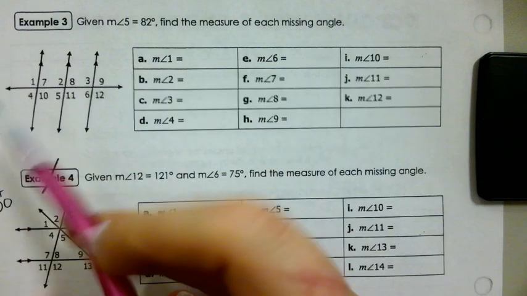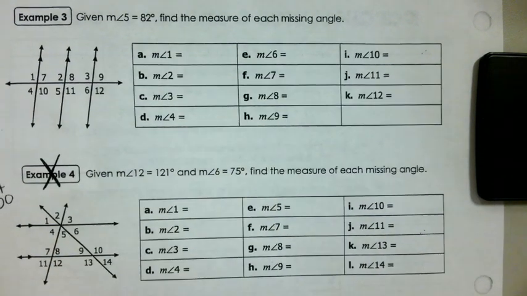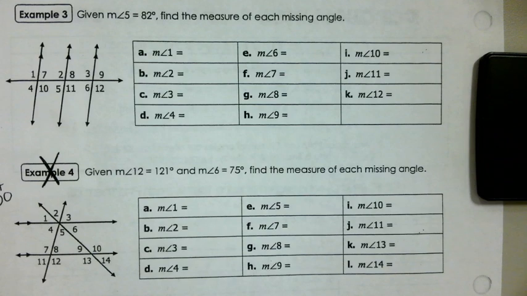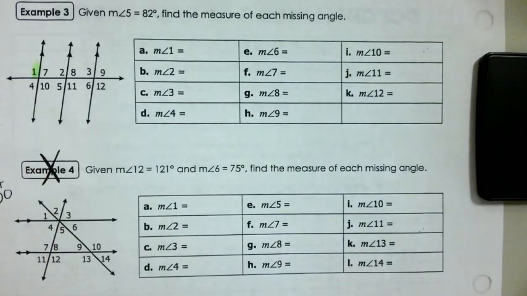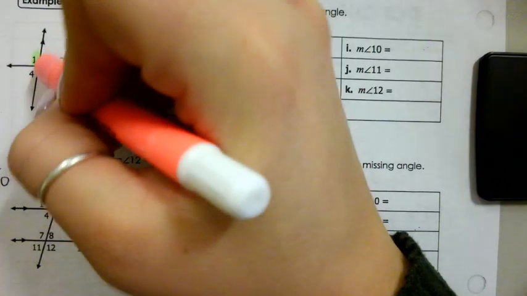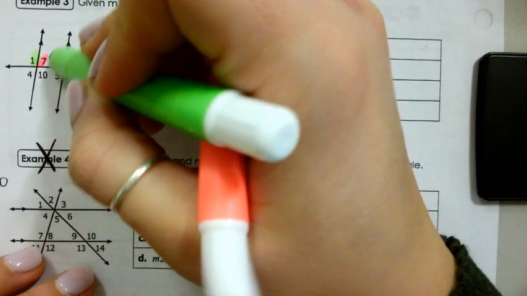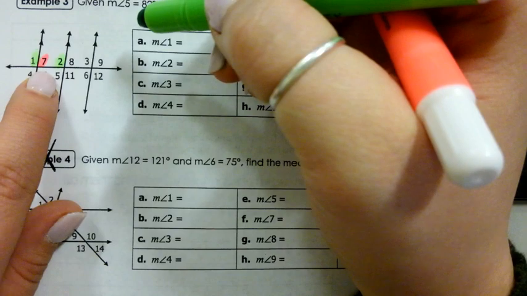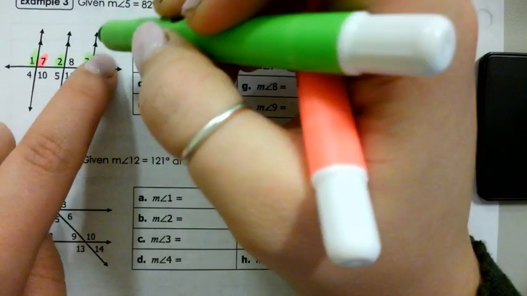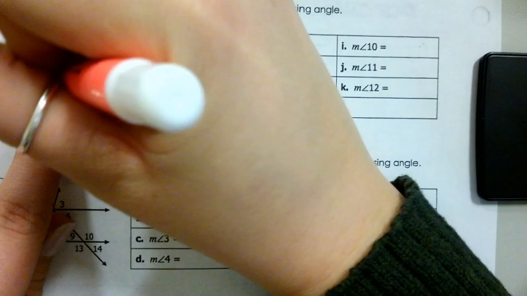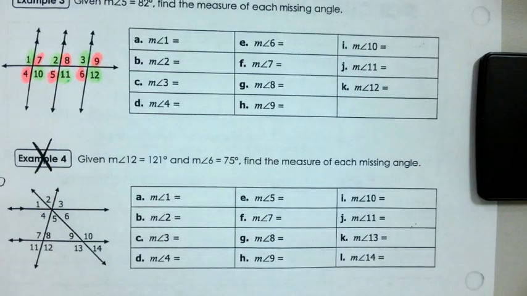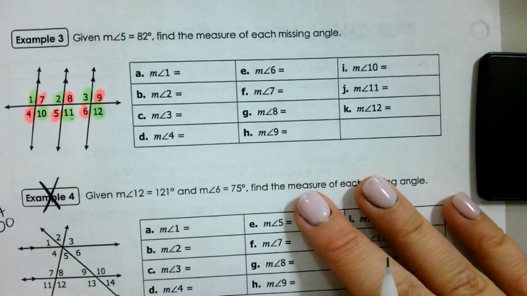If we look at this example here, you could also do the trick where we have the dots. The dot trick is by coloring every other angle. Like this one was green, this one's going to be pink, green, pink, green, pink, green, pink, green, pink. So you can do it a little bit colorful.